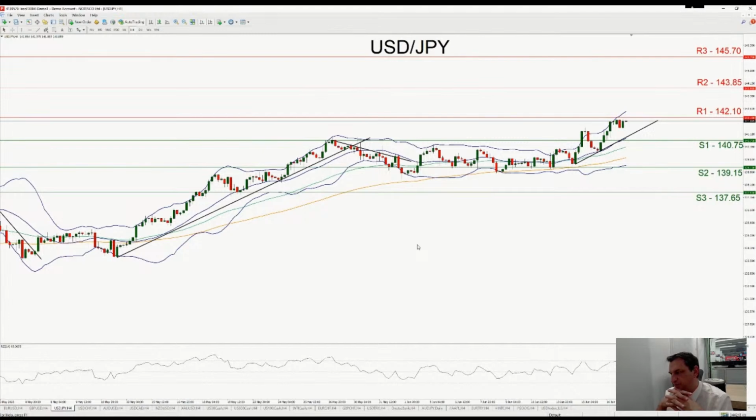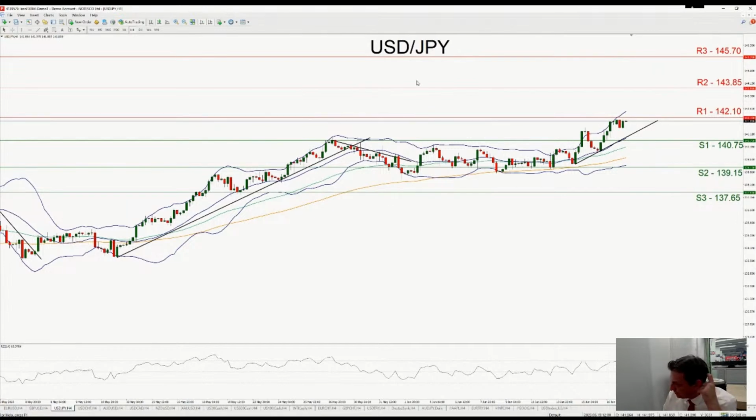Nevertheless, for the time being, we expect the bullish sentiment to be maintained. And in that case, we may see the price action rising above the R1 towards the R2. On the other hand, should the pair remain in a sideways motion, I would expect the upper boundary to remain at the 142.10 resistance line and the lower boundary at the S1 140.75.